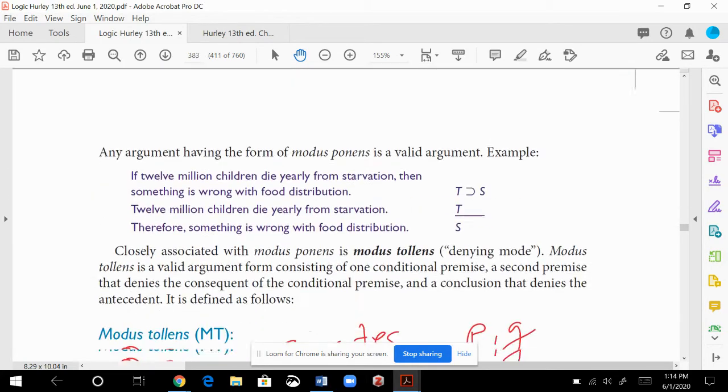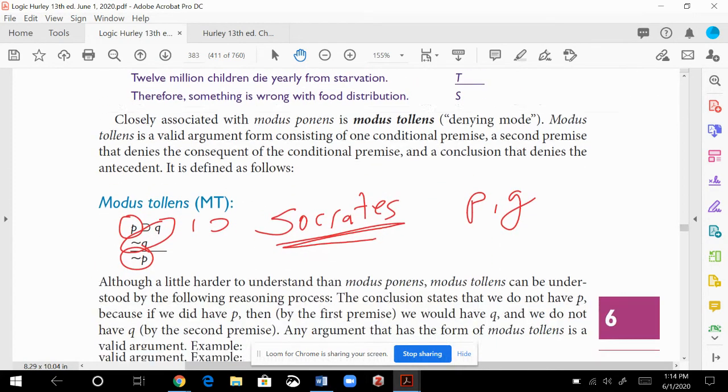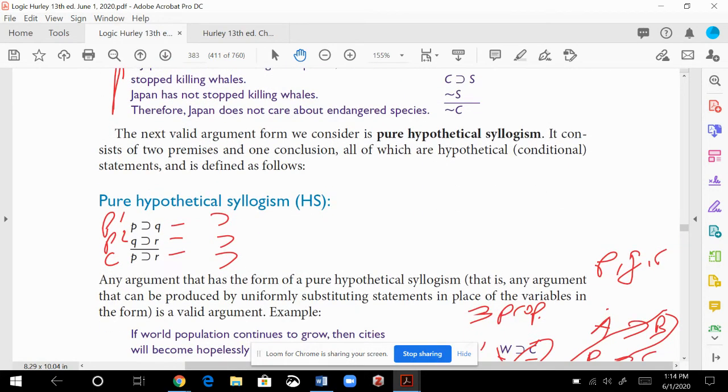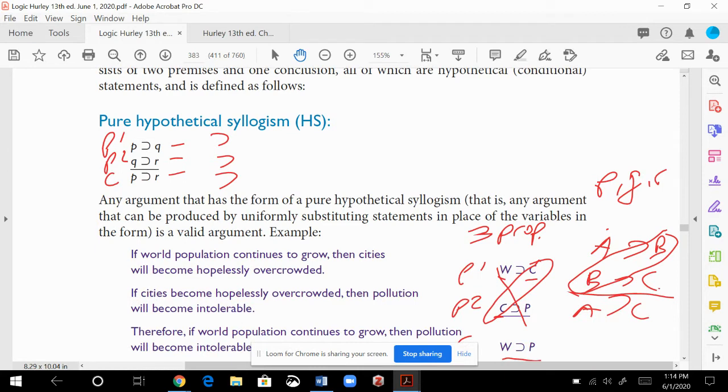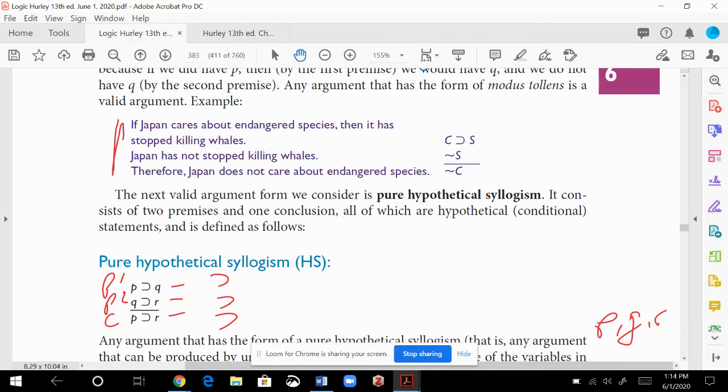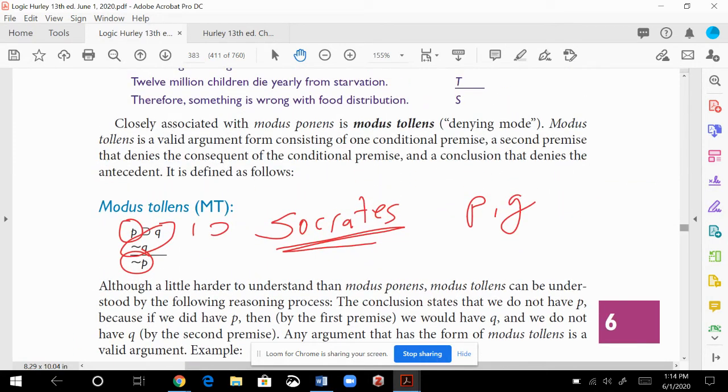Yes, modus ponens and modus tollens both have 2 propositions. Sorry about that. Pure hypothetical syllogism has 3 propositions. And just a mental note, this is called, you'll love this, pure hypothetical syllogism. These are called impure.